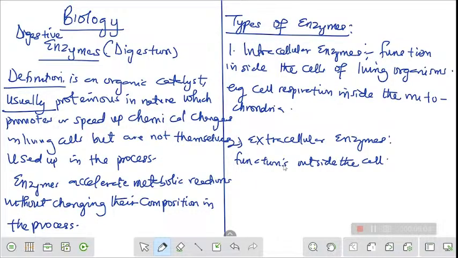So the example: extracellular enzymes are the what? Digestive enzymes.